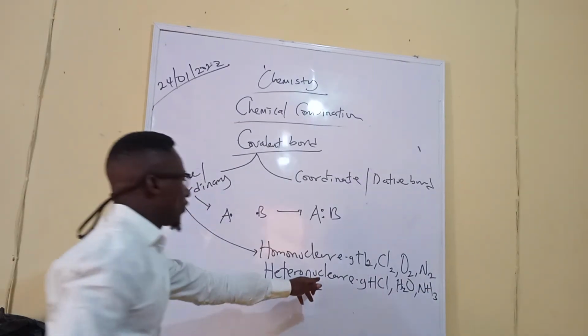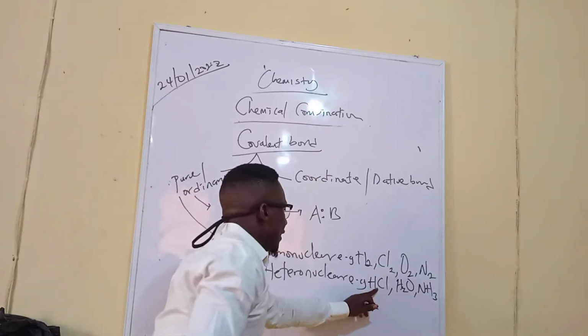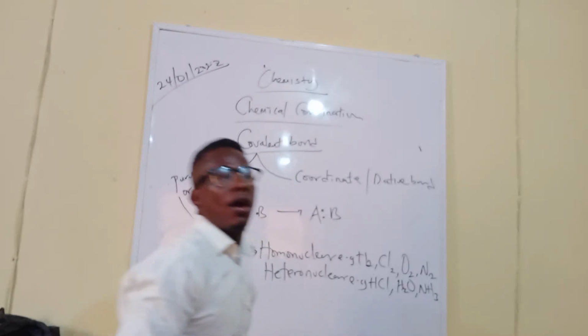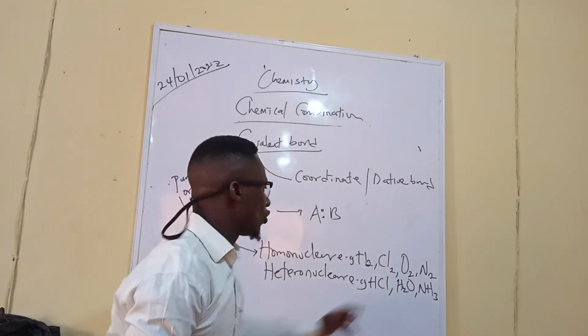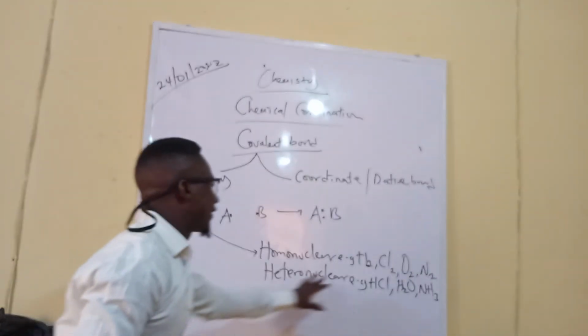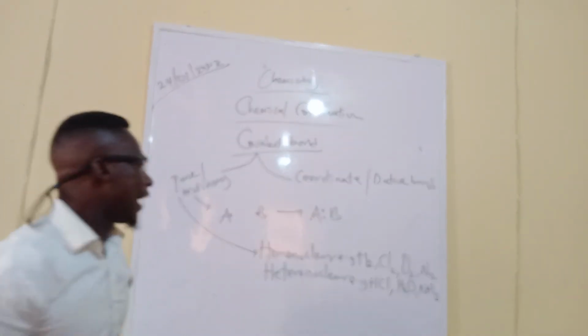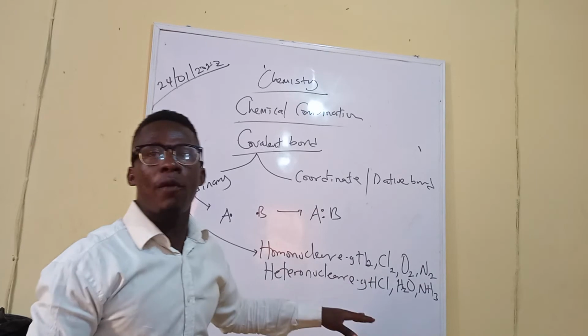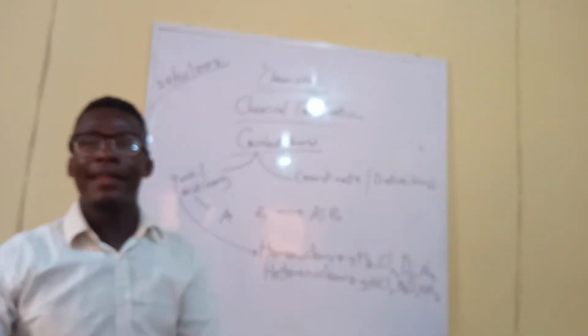You will see that the compounds are made up of atoms of different elements. Hetero means different. That means you have atoms of different elements combining together to form the compound. But in homonuclear, you have atoms of the same element combining together.